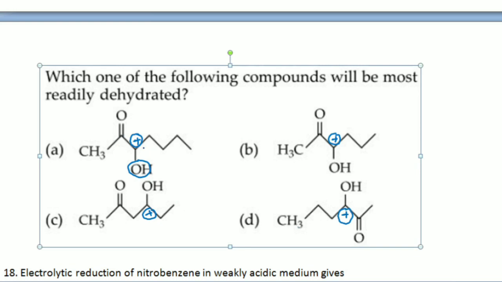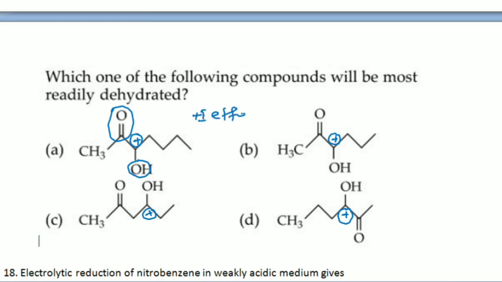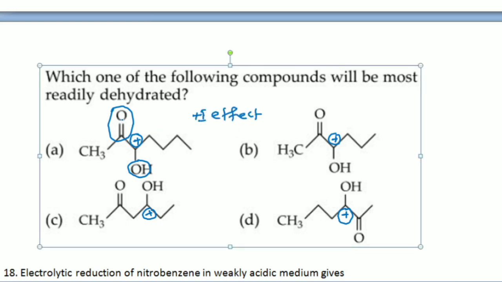Remember, whenever carbocation is adjacent to the carbonyl group, carbonyl group is an electron withdrawing group. We know that carbocation is more stabilized by plus I effect than by minus I effect. Because of that reason, this carbonyl group is an electron withdrawing group, hence this plus stability decreases. Here also this plus stability decreases.